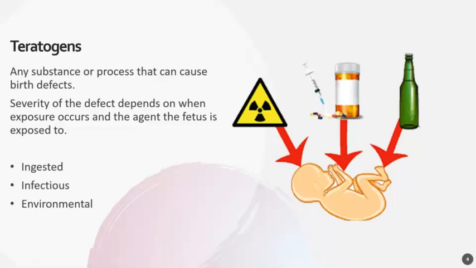So your medications are classified in categories A, B, C, D, and X. So with that categorization, A and B typically mean no real risk involved. C means it's questionable. And then category D and X, they are proven that they do hold a risk to the fetus if they were to be taken during pregnancy.